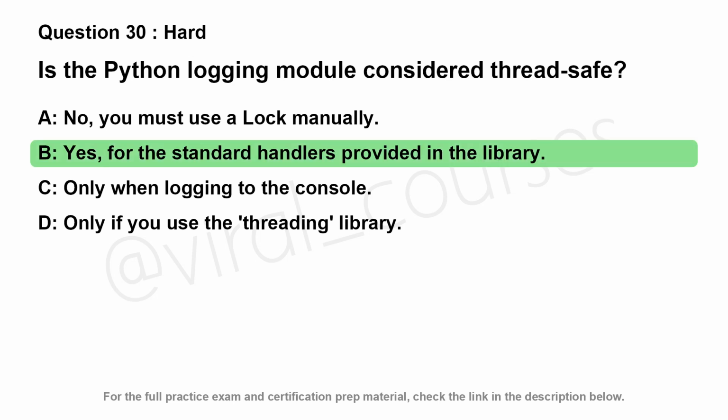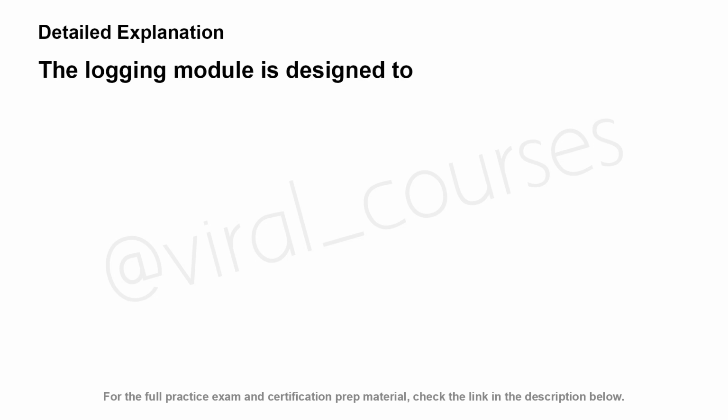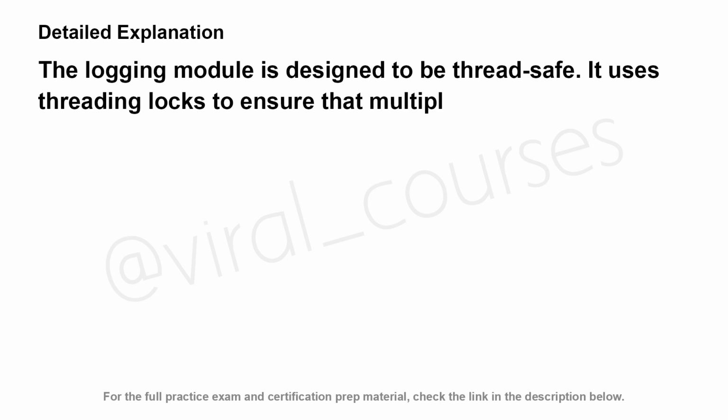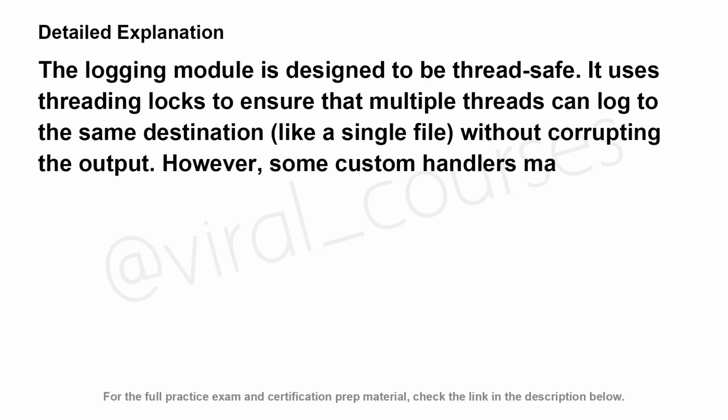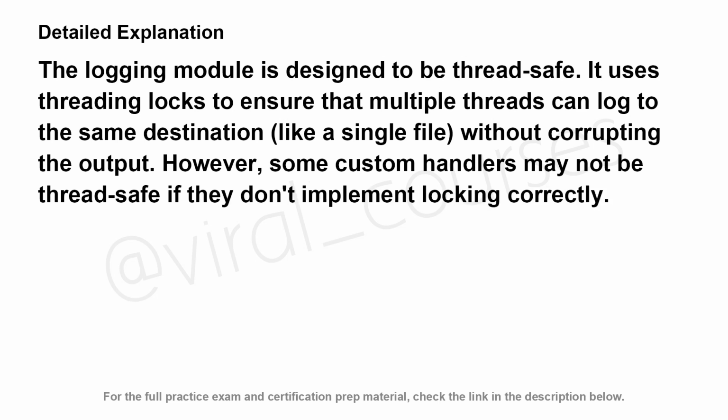The correct answer is B. The logging module is designed to be thread safe. It uses threading locks to ensure that multiple threads can log to the same destination, like a single file, without corrupting the output. However, some custom handlers may not be thread safe if they don't implement locking correctly.